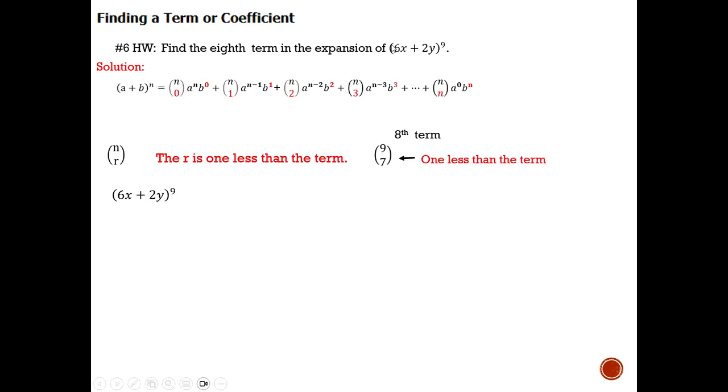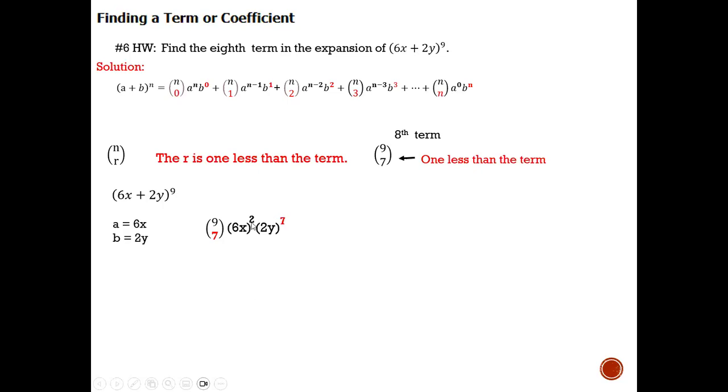So here is the expression. 6x is the A, 2y is the B. So remember, the second part of it, the 2y, is going to be raised to the same power of r. So 9, 7 is how I find the coefficient. R is 7, so the second term is raised to the 7th power. Now remember, these two have to add up to 9.